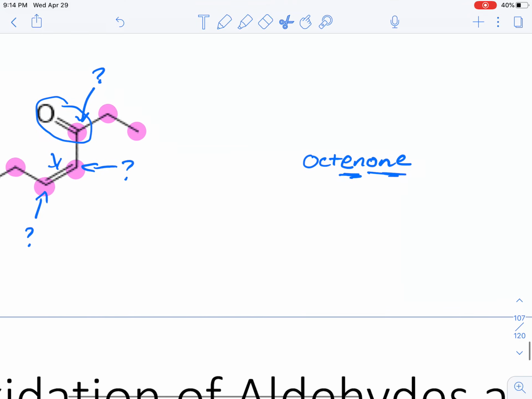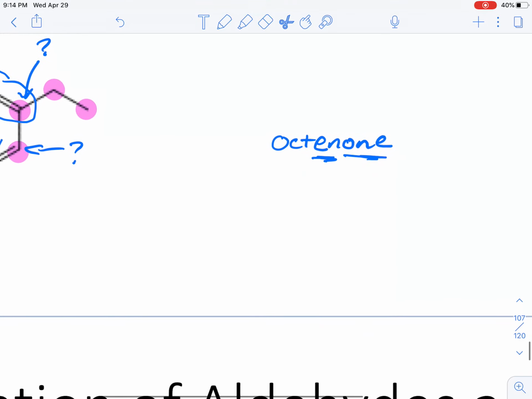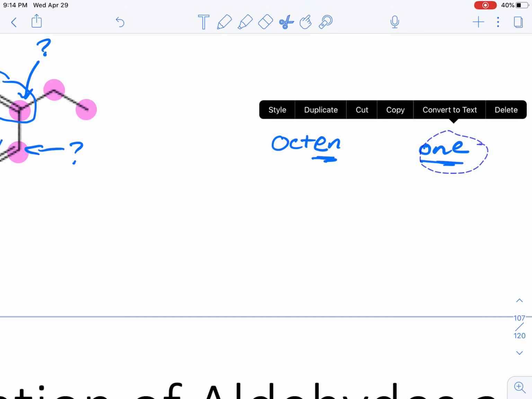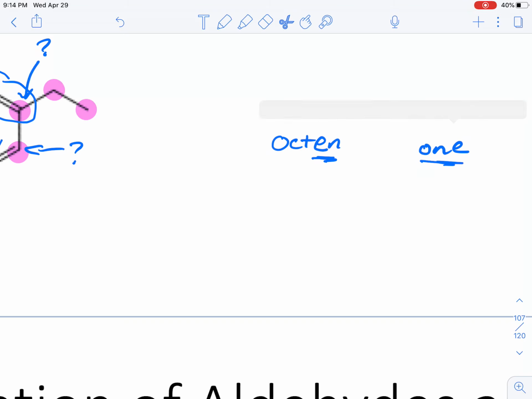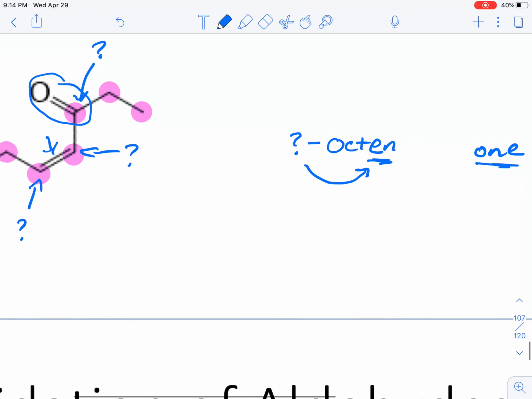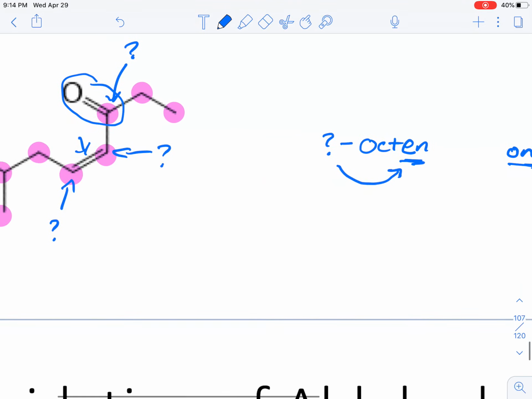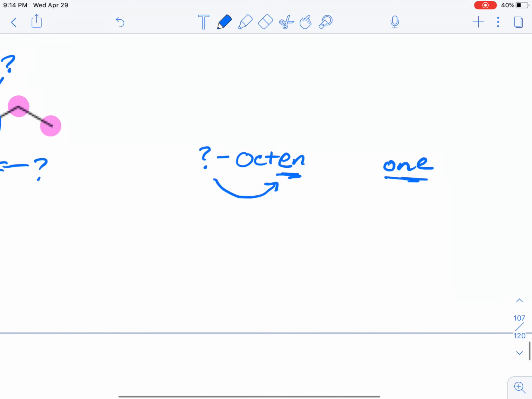And so because I have two things to describe, you guys have seen this before, I'm going to go ahead and separate these two, because the number that I'm going to place here represents the carbon number in which the double bond starts. Okay, so this en is once again referring to the double bond.